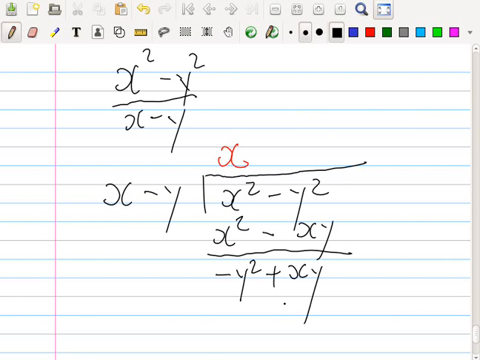Now, this is where the trick comes in. Long division is quite flexible like this, because you might say, right, next, what do I multiply x by to make y squared? Well, you can't, can you? You can't change x into y squared. That's too much of a stretch.